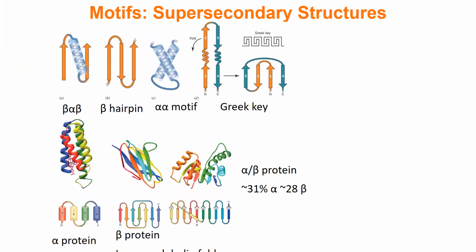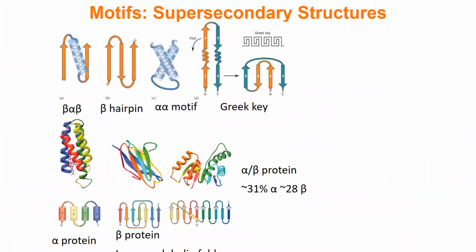So the next thing we're going to talk about, and I'm still on the PowerPoint from Friday, are these things called motifs or supersecondary structures. If you remember, we talked about secondary structure being our alpha helixes and beta sheets, and we also looked at some other types of secondary structure like collagen.